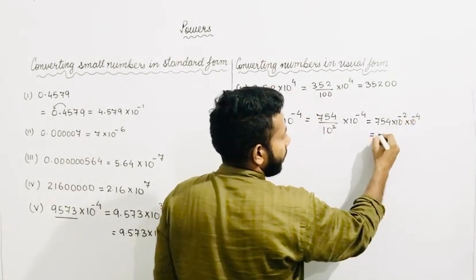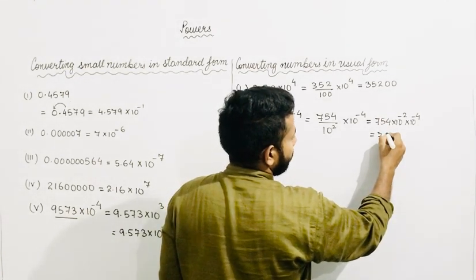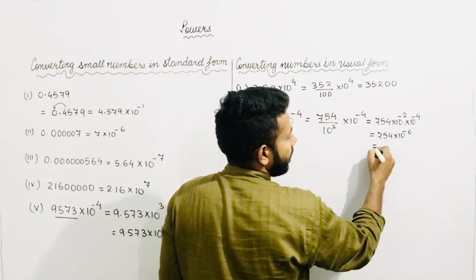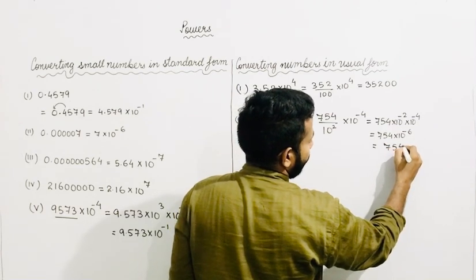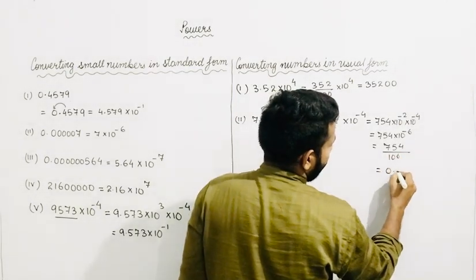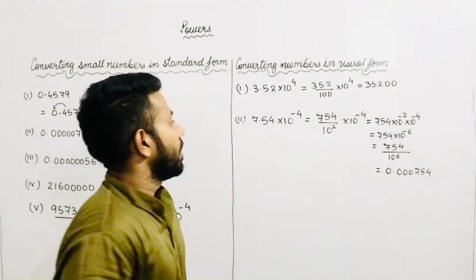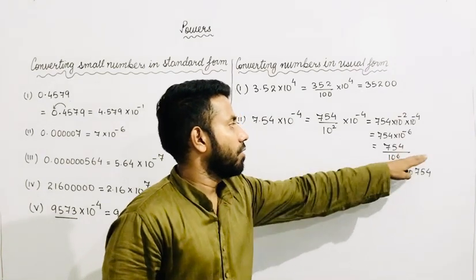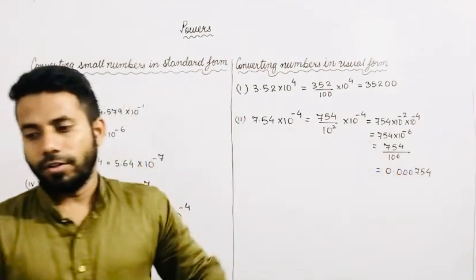So altogether it is 754 into 10 to the power minus 6. You can write it as 754 by 10 to the power 6, or 0.000754. 6 zeros you have, 3 zeros will be consumed in 754 and 3 zeros will be after the decimal part.